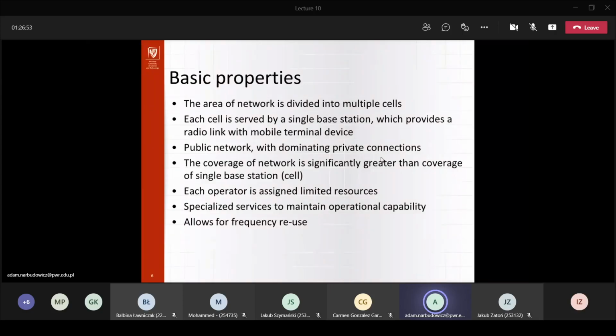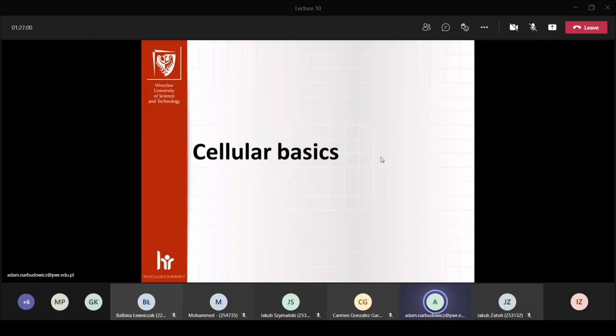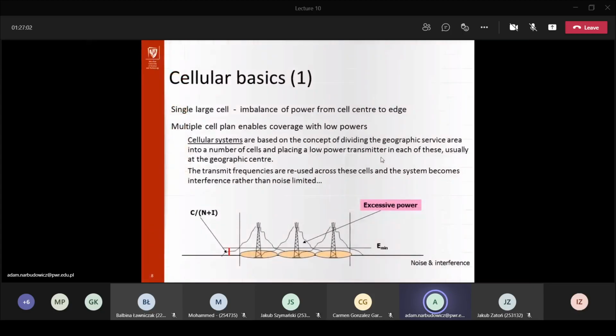Also, very often you have some specialized services to keep the network operated. And the last point, which I would like to focus on a little bit, is that it allows for frequency reuse. What does it mean? We already saw this slide earlier with the radio communication, and back then the conclusion was that it's generally much more efficient to have multiple small transmitters covering certain regions than one big one.